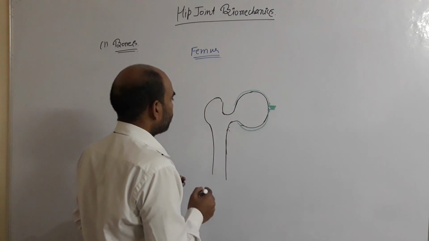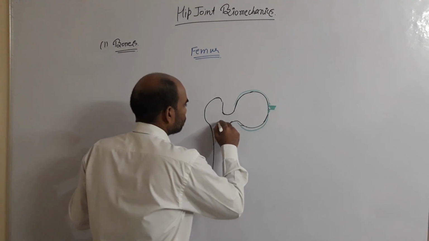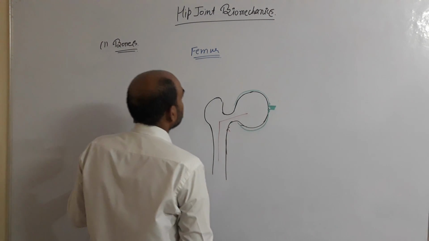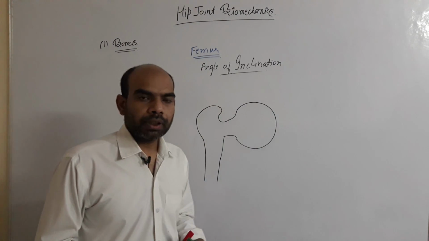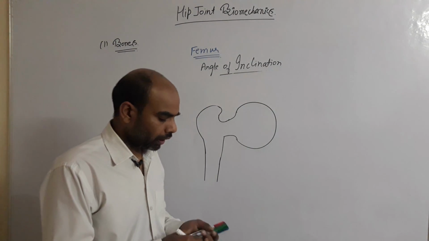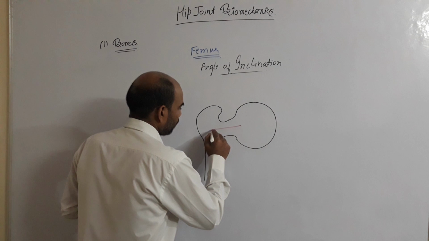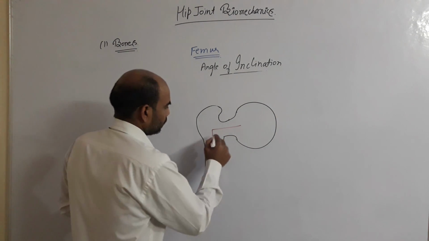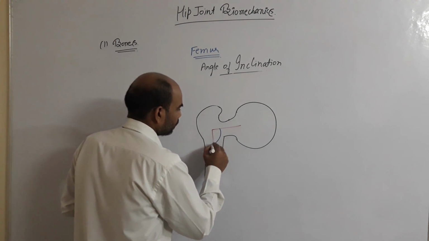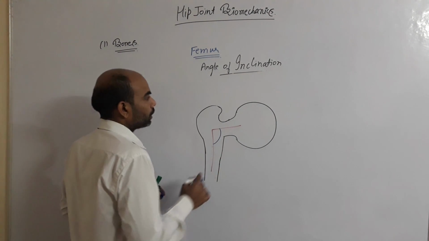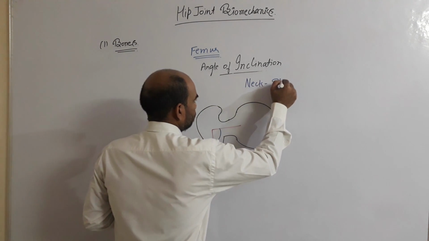The femur has two angles. The first angle is the angle of inclination. The angle of inclination is the angle formed by the neck of the femur and the shaft of the femur. This angle. So it is also called the neck shaft angle.